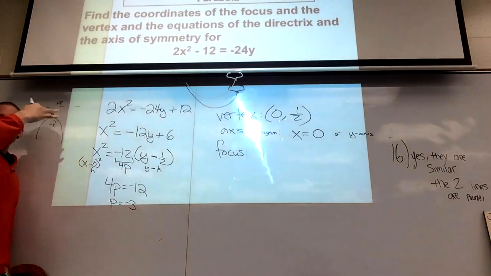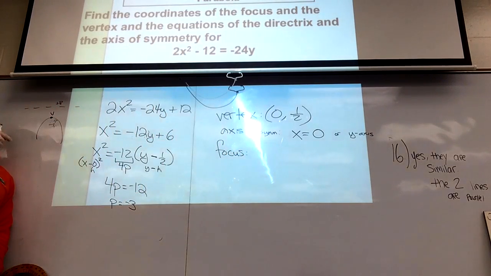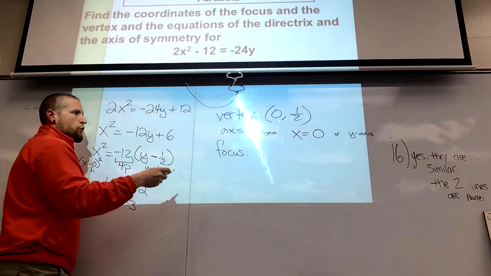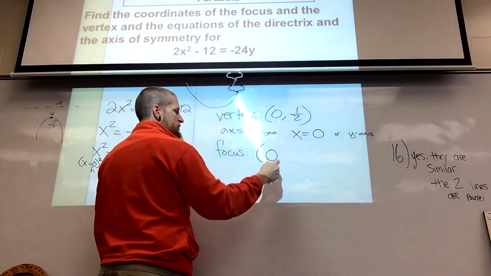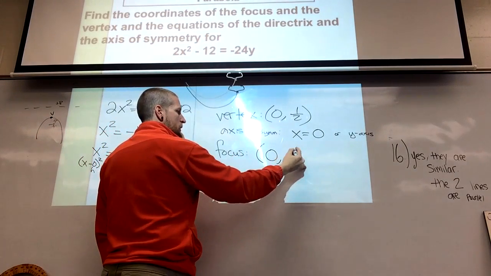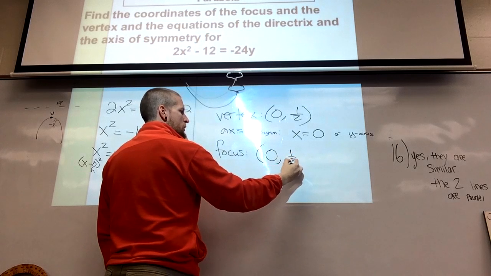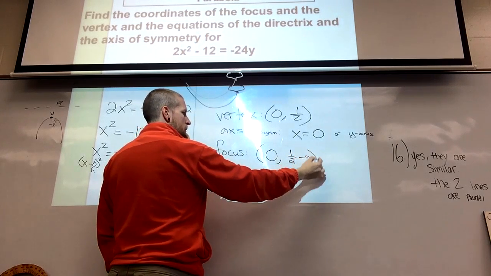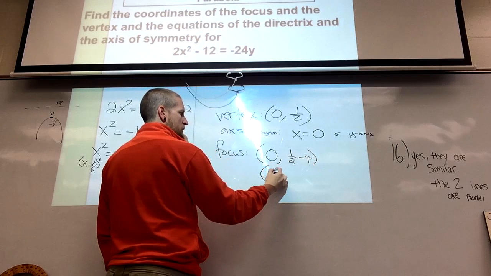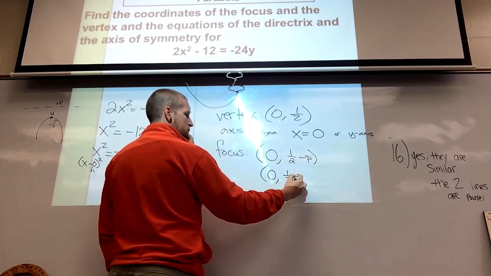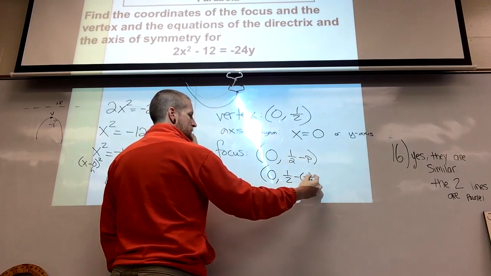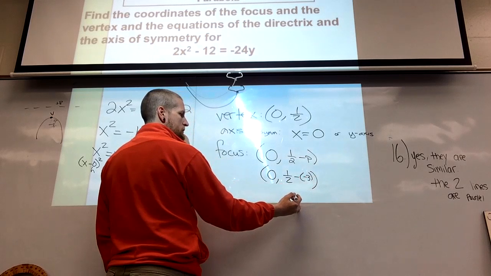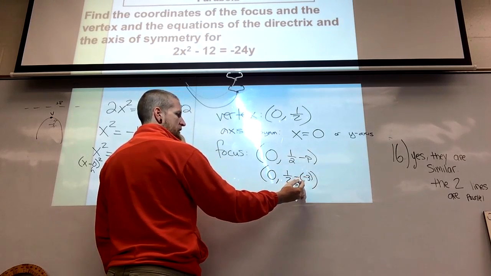And again, the focus and stuff, the only thing that's changing since it's going up and down is your y-coordinate. So my 0 is still there for the focus. This will become 1/2 minus p. So it's minus negative 3, correct? Oh, wait. So if I minus a negative, that becomes 1.